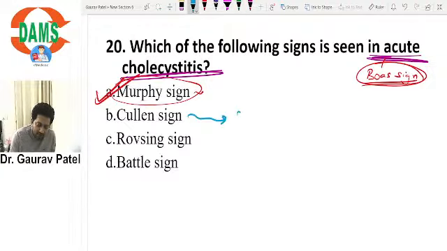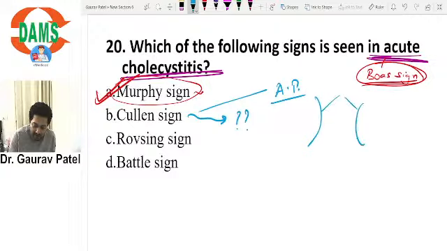Tell me, where will you see the Cullen sign and what is Cullen sign? Yes, Karthik, very nice. Cullen sign is seen in acute pancreatitis. There is discoloration or ecchymosis around the umbilicus. That is Cullen's.